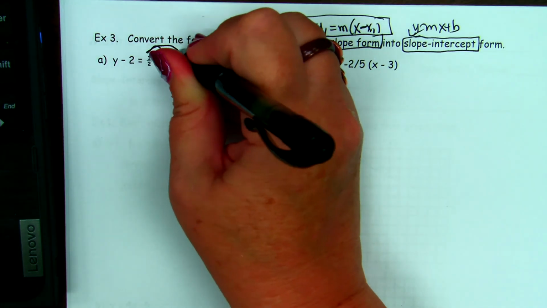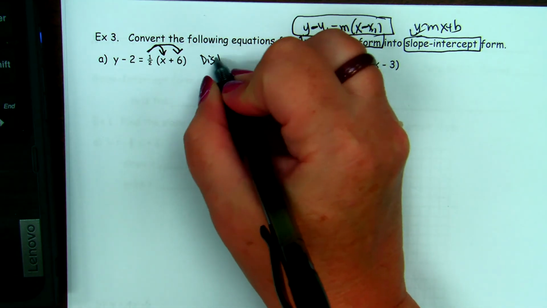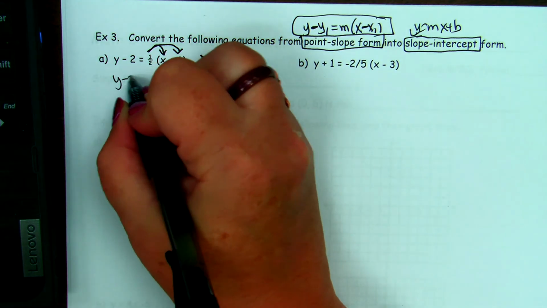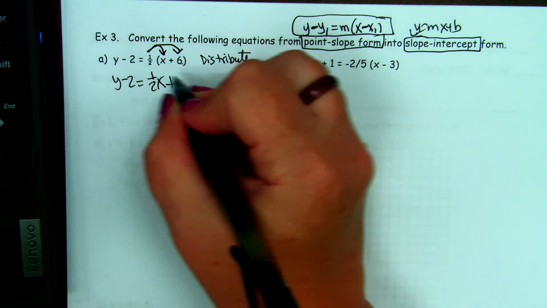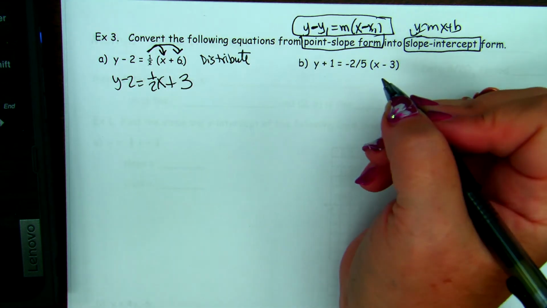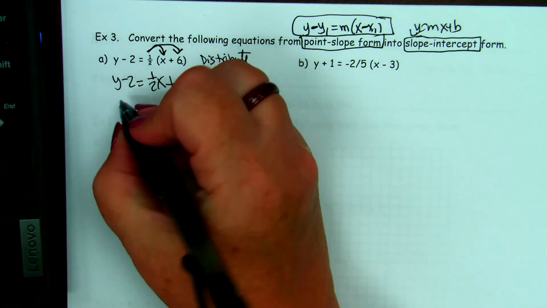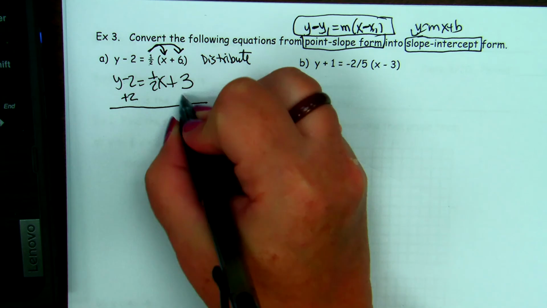So we're going to distribute. We get y minus 2 equals 1/2 x plus 6 times 1/2 is 3. And then how do we get the 2 away from the y? You do the opposite. So if it's subtracted, then we add 2.